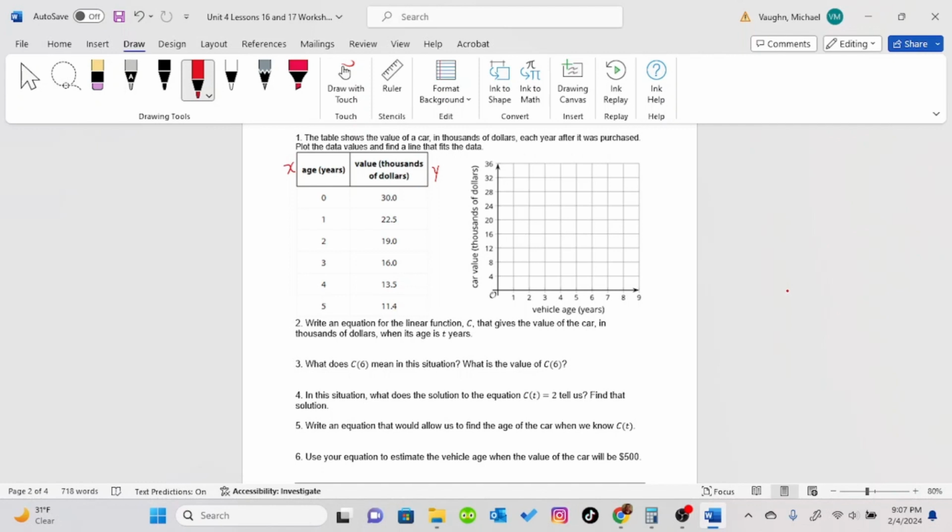So we have a y-intercept at (0, 30), then a point at (1, 22.5), a point at (2, 19), a point at (3, 16), a point at (4, 13.5), and a point at (5, 11.4).